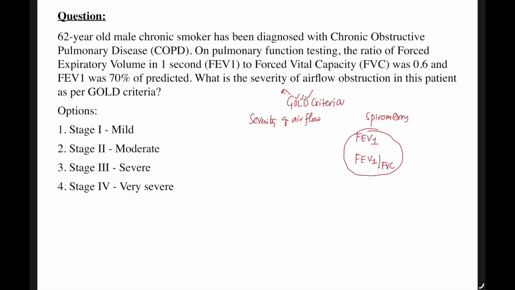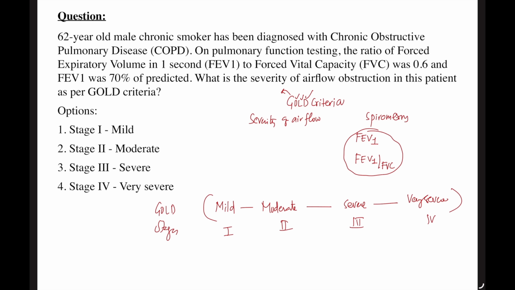Now based on these values, we will decide the severity of airflow. Like let's say severity can be mild in nature, or it can be moderate in nature, or it can be severe in nature, or it can be very severe. Now these are the four GOLD stages. So stage 1 is mild, stage 2 is moderate, stage 3 is severe, stage 4 is very severe. So what values are we looking at?